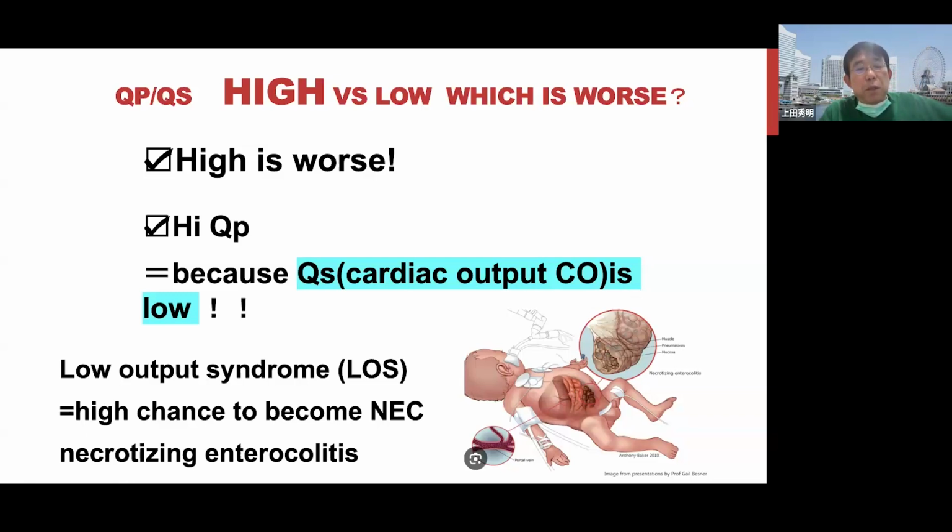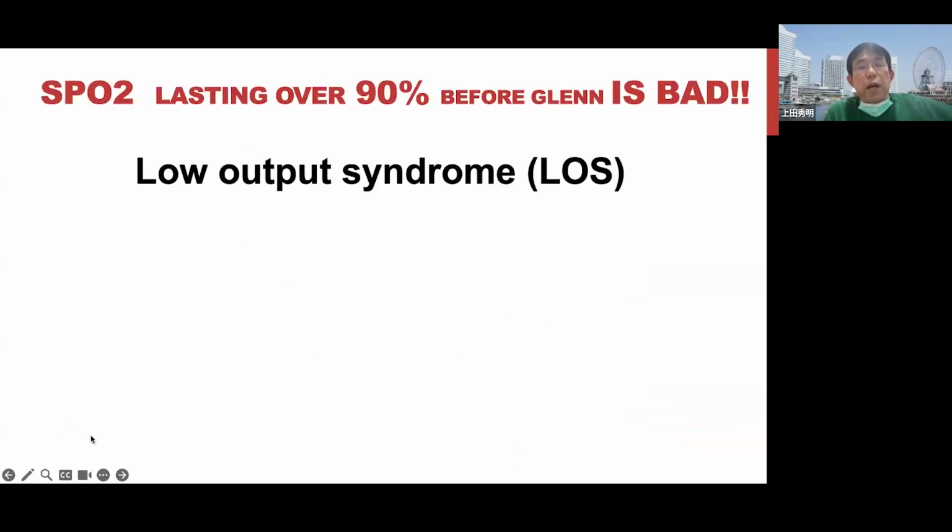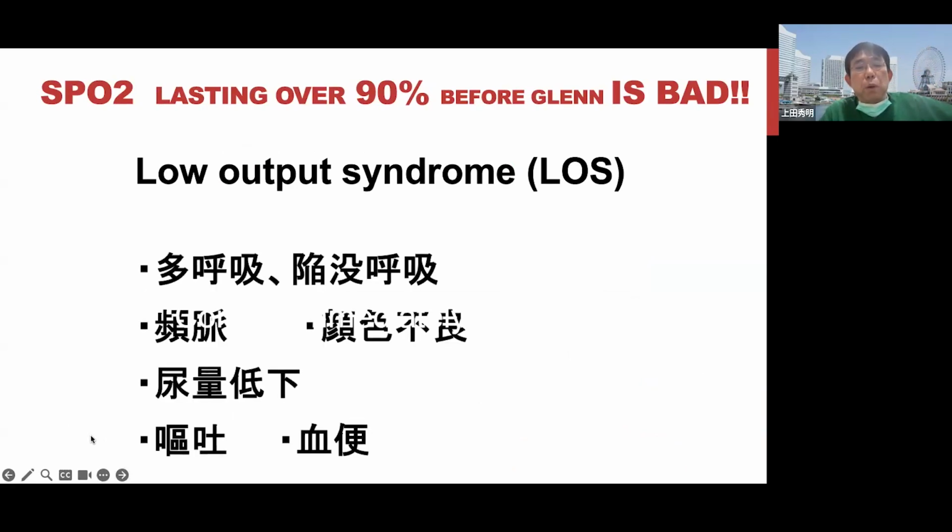Whenever we place a patient who has received a BT shunt, if the systemic chamber is weak, we always see this happen with very high incidence. So SpO2 lasting over 90% is very bad, which means that low output syndrome will happen.